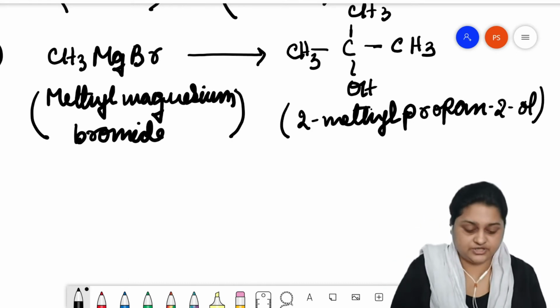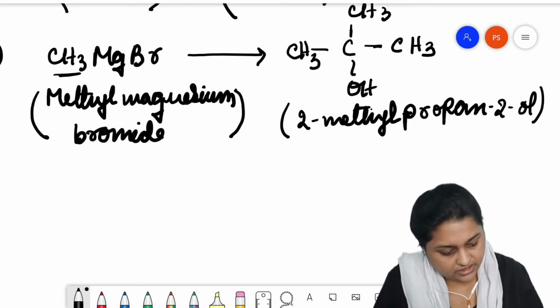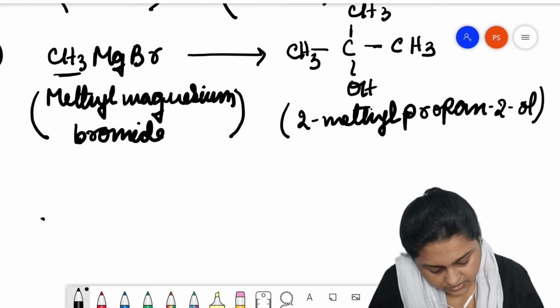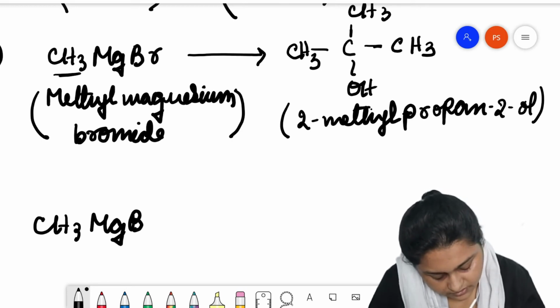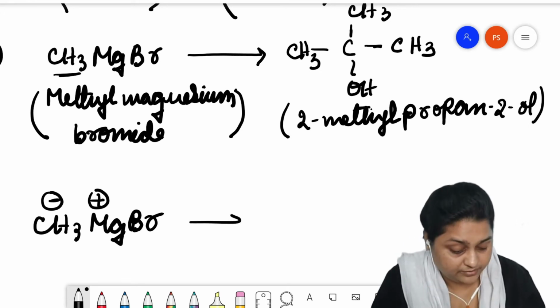So how can the conversion occur? There is one methyl group, and we know that this is a Grignard reagent. This methyl group is actually a carbanion.